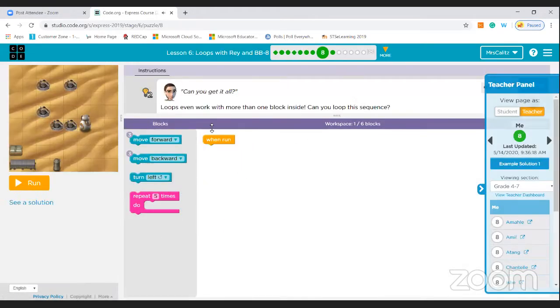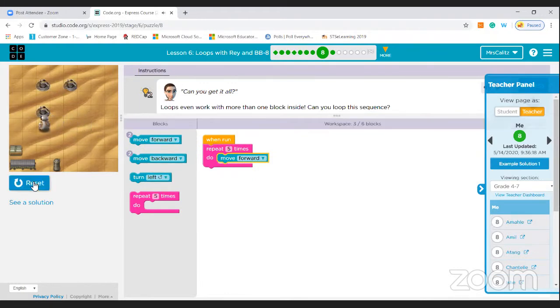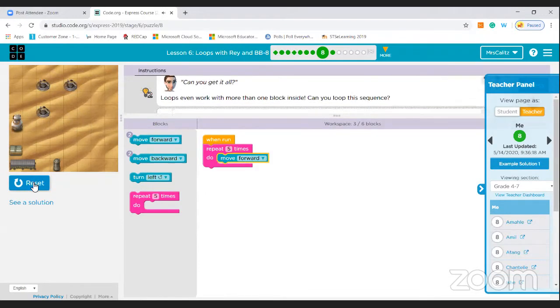Let me carry on. So now, this one, I need to loop, even work with more than one block inside. So this is a more complex loop. So I probably need to move forward how many times? Hi, Joanna, it's fine. Should I just run? 1, 2, 3, 4, 5.